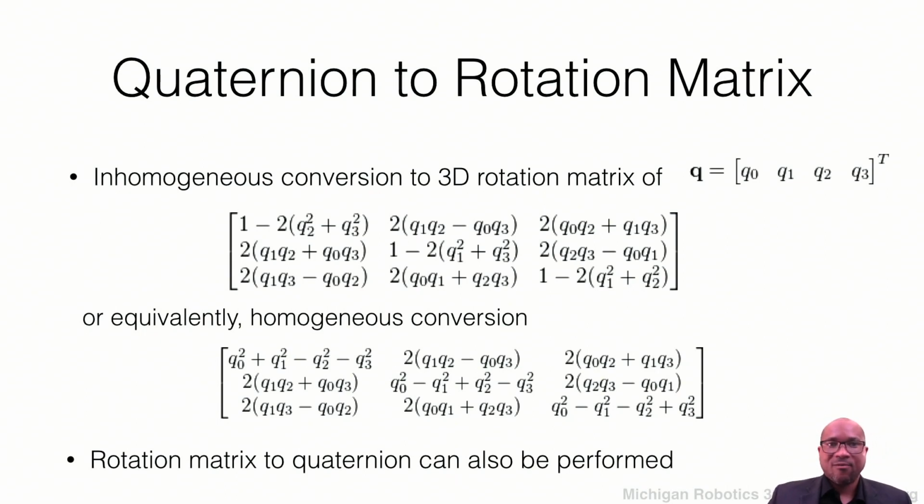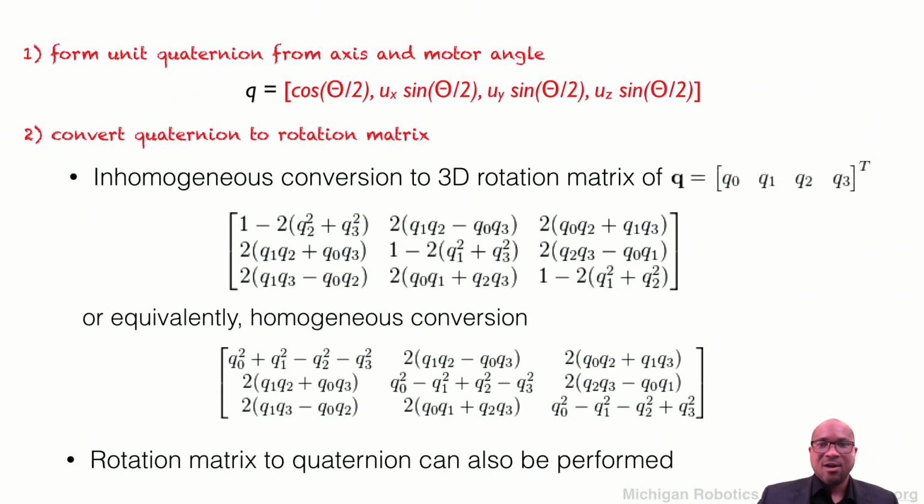Coming back to where we left off with forward kinematics, when we want to consider the rotation of a motor about an axis, we form a unit quaternion based off of the axis of the joint and the current motor angle.